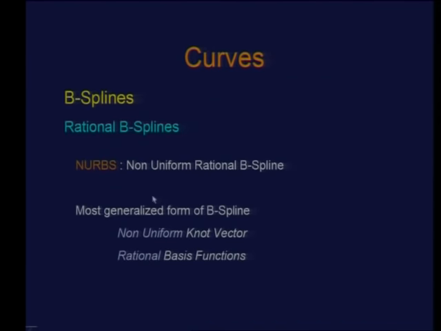So, these NURBS are the most generalized form of B splines, because we are talking of rational B splines, which is a superset of non-rational B splines, and non-uniform is the most general form of the knot vectors we can specify.